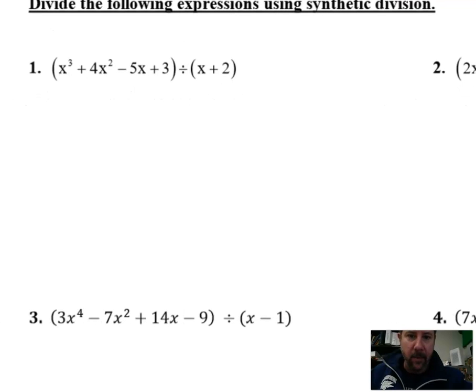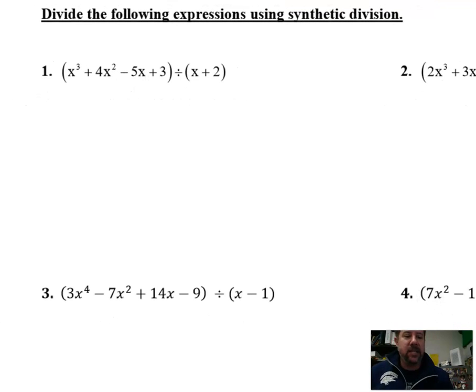All right, number 1. If I want to divide this using synthetic division, again, first thing, I need to make sure that it is a linear divisor, and it is, so we're good to go. I'm going to set it up using my giant L for synthetic division instead of my upside down dividing sign, the one we used before. On the outside, I'm going to use the 0.